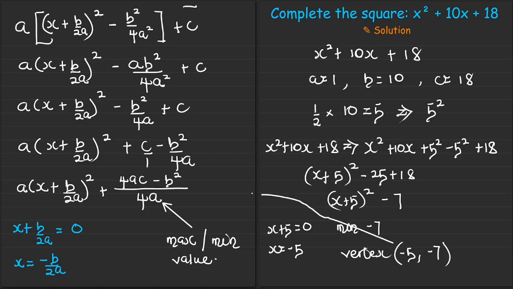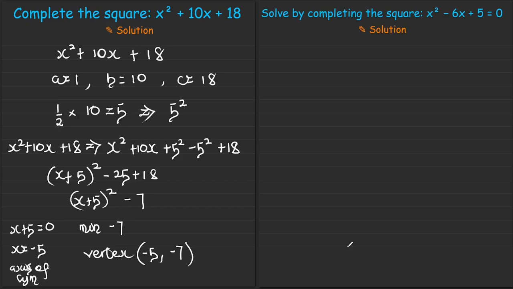With that said, for our second question, it says we should solve by completing the square: x squared minus 6x plus 5 is equal to 0.